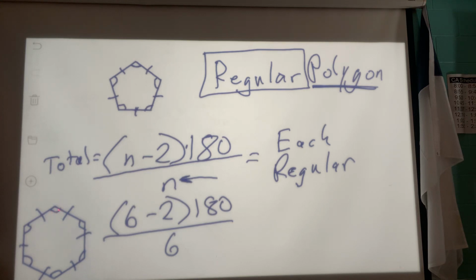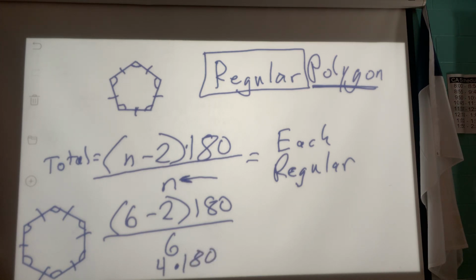Now, just looking at it, think about the pentagon up there, but also think about the hexagon. Is it going to be less than 90 or greater than 90? And again, I can hear a bunch of you yelling out right now, obviously greater than 90, aren't they? Let's just prove that. And so when we substitute 6 in place of the n, 6 minus 2 is going to be a 4, in the numerator.